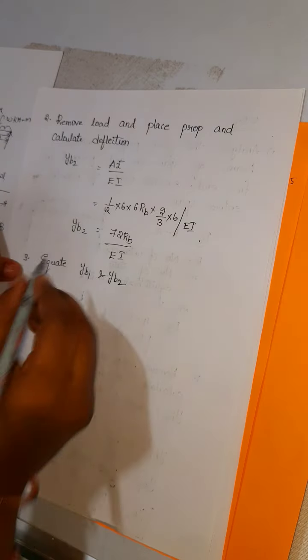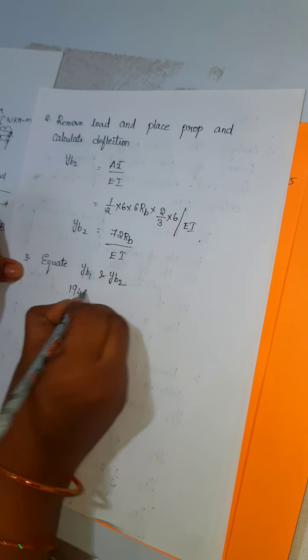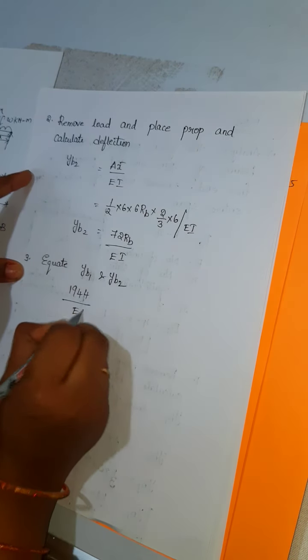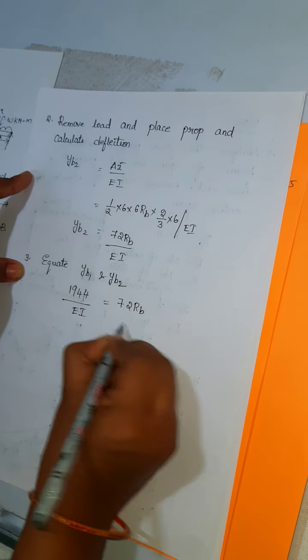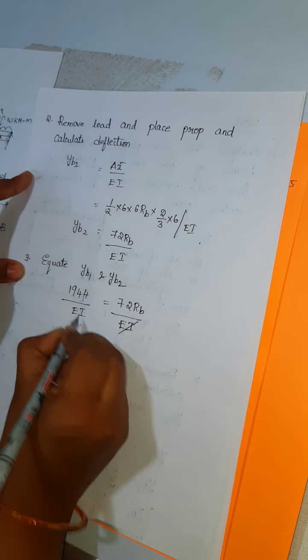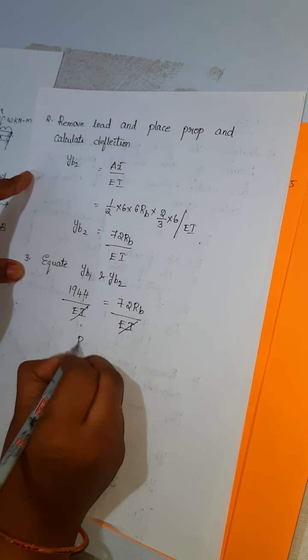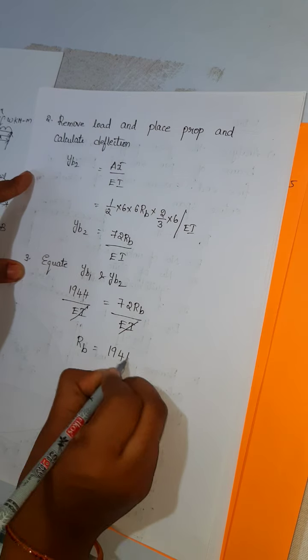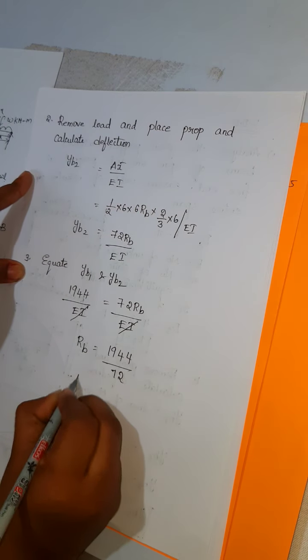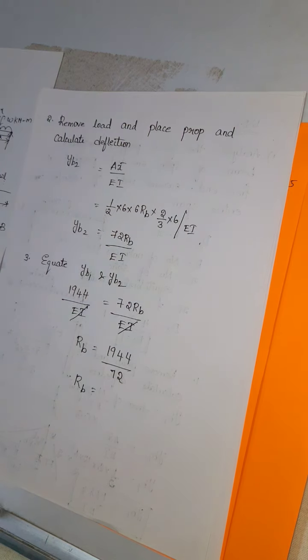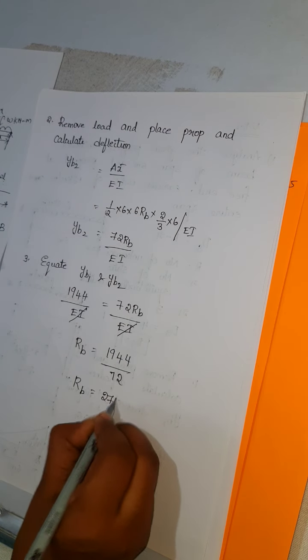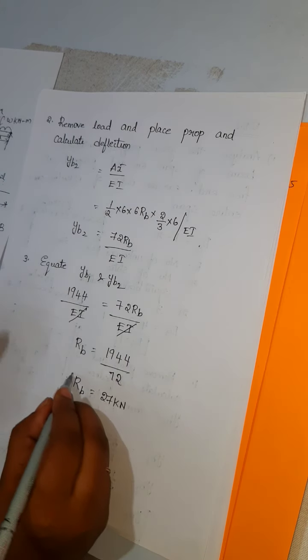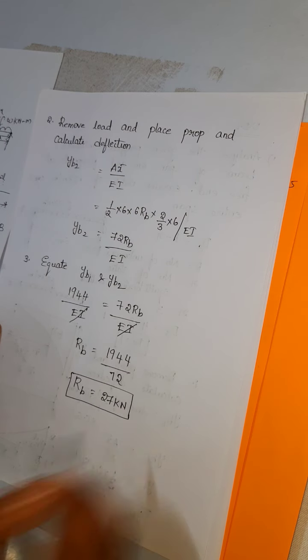I am substituting here: 1944 divided by EI is equal to 72 RB divided by EI. Cancelling EI, RB is equal to 1944 divided by 72. RB is equal to how much? If I cancel that, I will get RB is equal to 27 kilonewtons. This is my RB value.